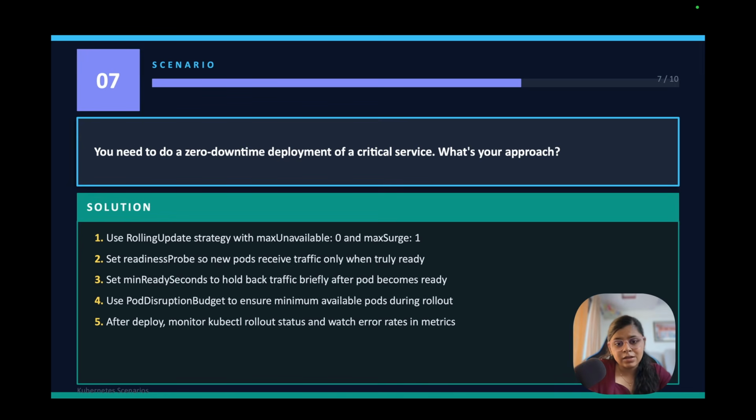Then maxSurge is what? If the required number of replicas is 2, it can allow 3 replicas to stay. Why?